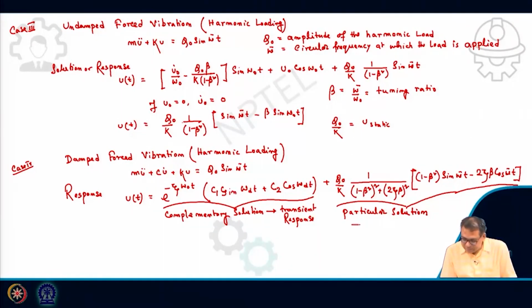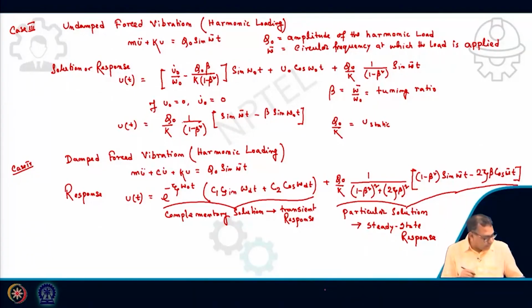So this is called the steady state response. So the first part is the transient response, then the second part is the steady state response. This steady state response will remain after the transient response dies out.